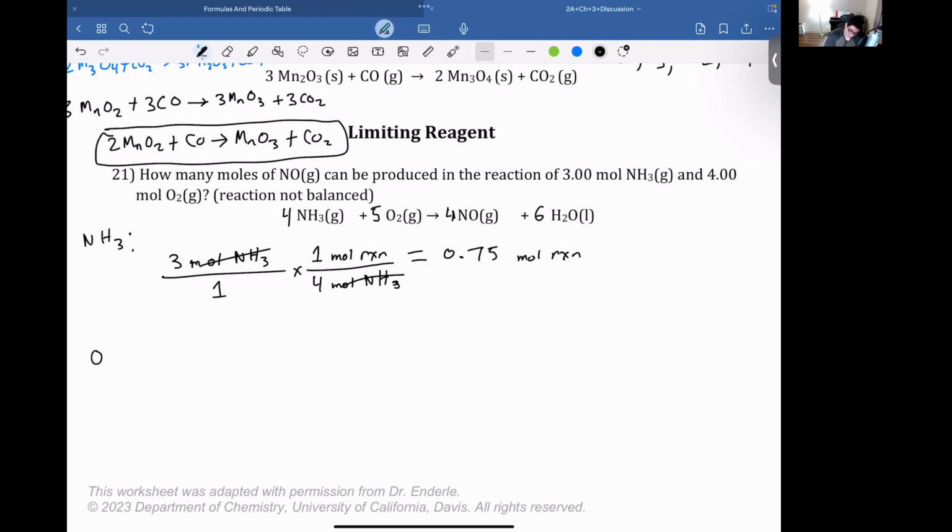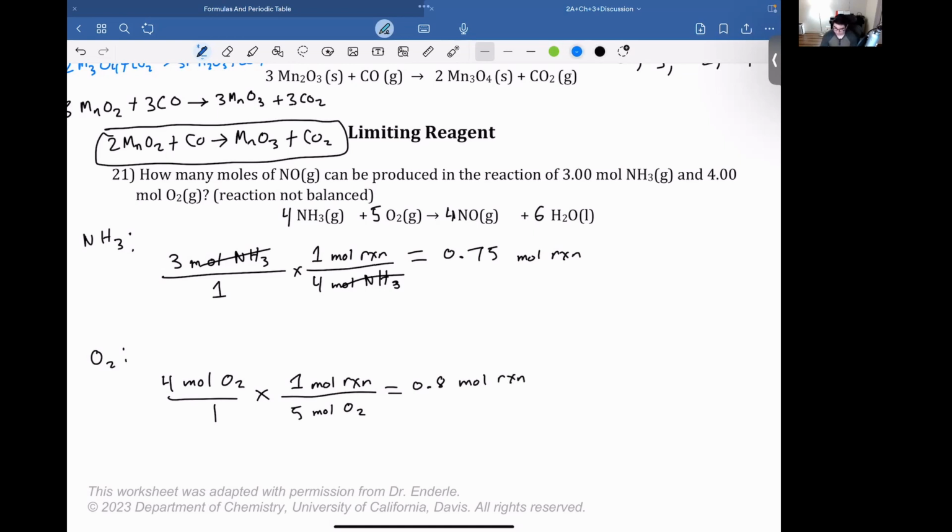Then we do the same for oxygen. So for oxygen, you start with 4 moles of oxygen. Then you have 1 mole of reaction. So I want to see how much I'm going to get. For every 1 mole of reaction, it's going to cost me 5 moles of oxygen. So given how much oxygen I have, I can do 0.8 moles of reaction.